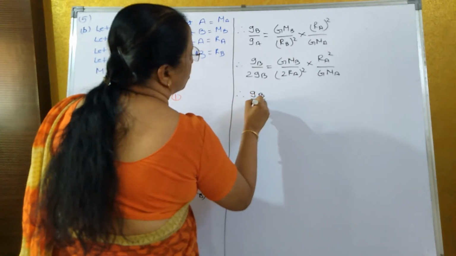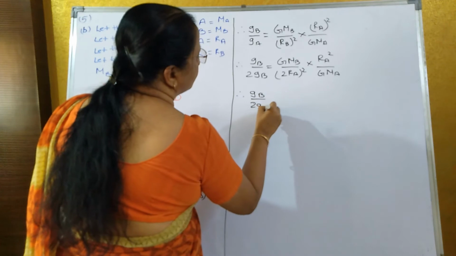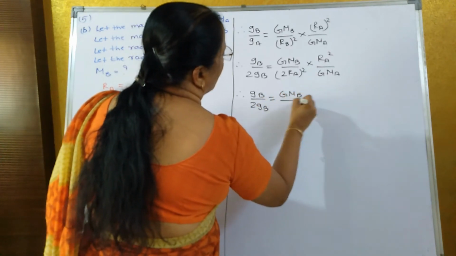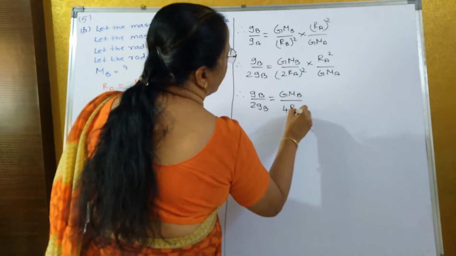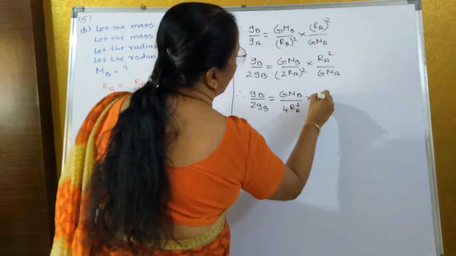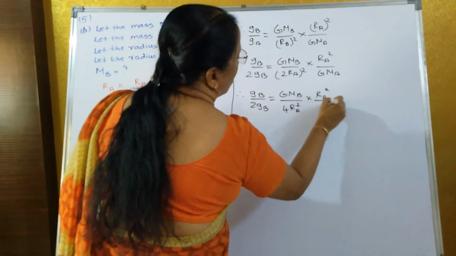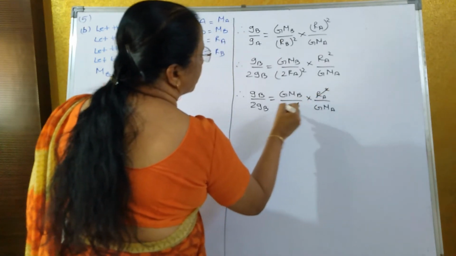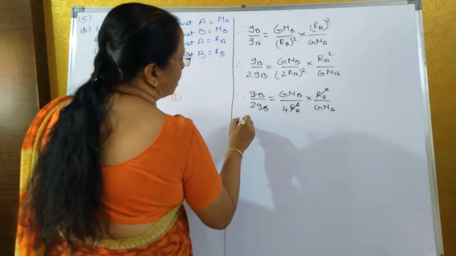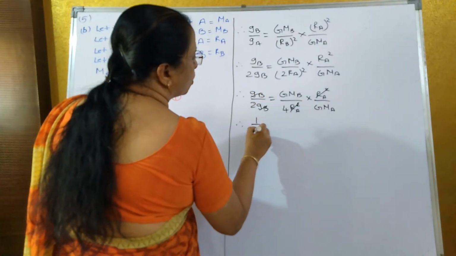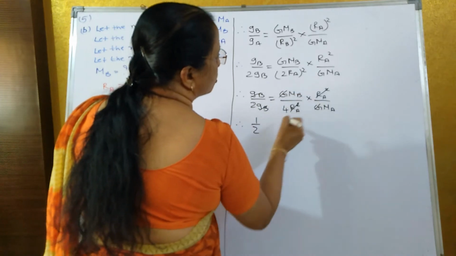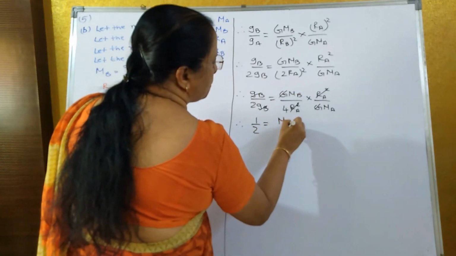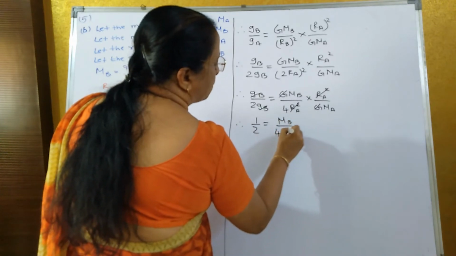GB upon 2GB is equal to GMB upon 4 RA square into RA square upon GMA. Now what will get cancelled? RA square and RA square, GB and GB will get cancelled, therefore 1 upon 2, and G and G will also get cancelled. 1 upon 2 is equal to MB upon 4 MA.